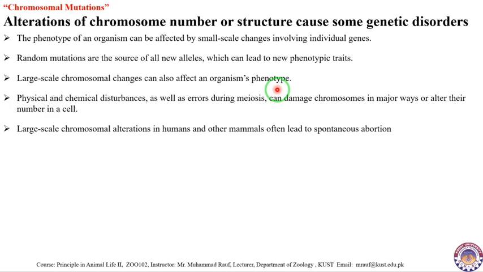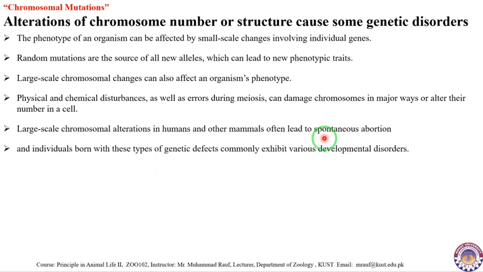Large-scale chromosomal alterations in humans and other mammals often lead to spontaneous abortion. Spontaneous abortion means abortion at once. An individual born with these types of genetic defects commonly exhibits various developmental disorders because the process of development is so complicated.